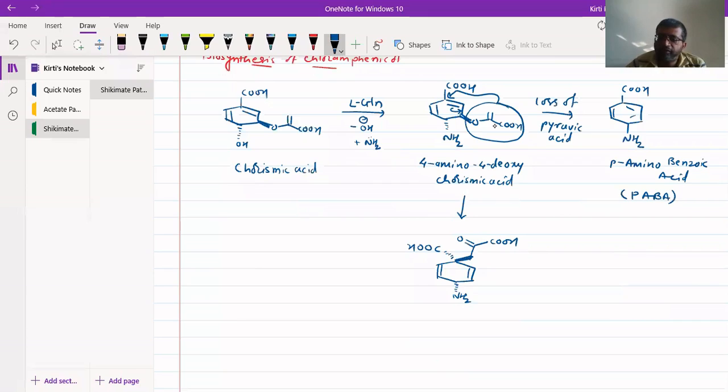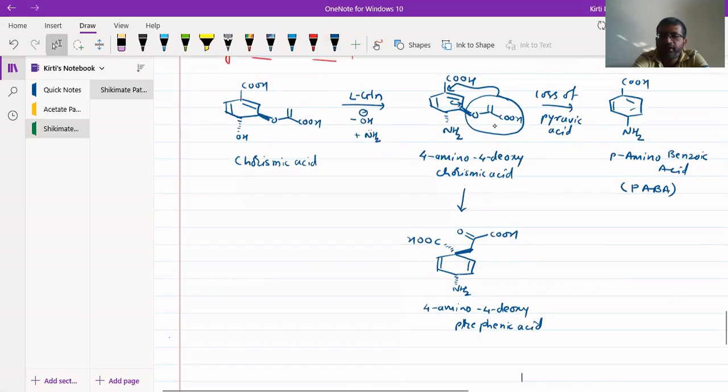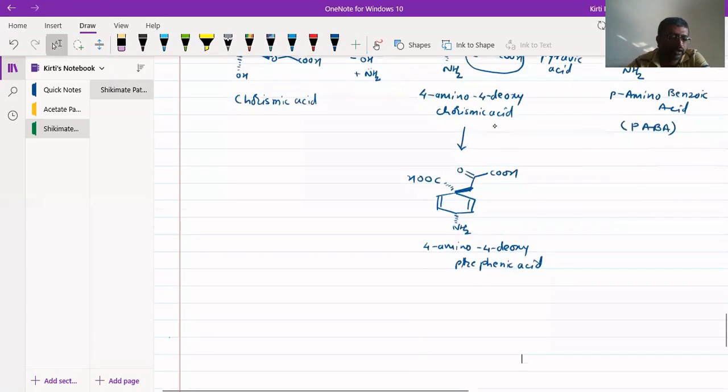This will be again a derivative of prephenic acid, 4-amino 4-deoxy prephenic acid. This we will get. Now this prephenic acid derivative can then undergo decarboxylation reaction and further aromatization. So it can undergo decarboxylation with aromatization, and mind it, here we will be retaining this amine group.